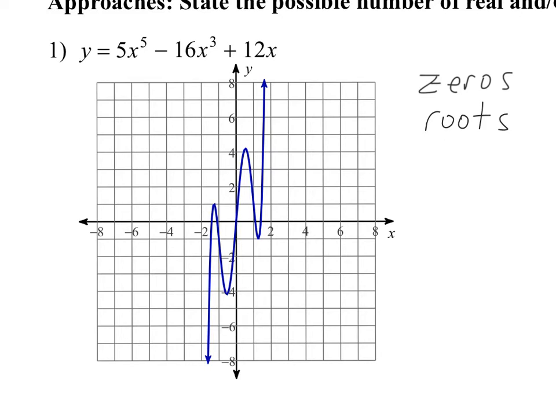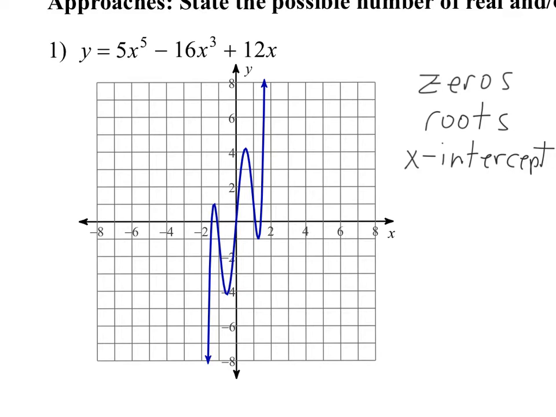Pretty much the same thing. In fact, for now, let's just call those exactly the same thing. And another word that pretty much means the same thing is x-intercept. And that's the same thing, but it's more focused on the graph.